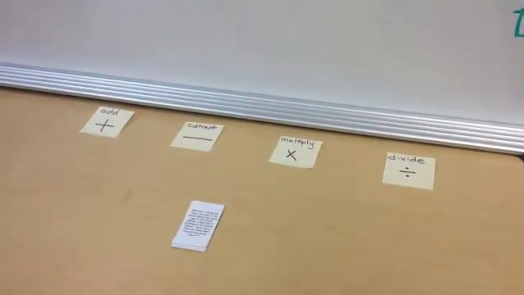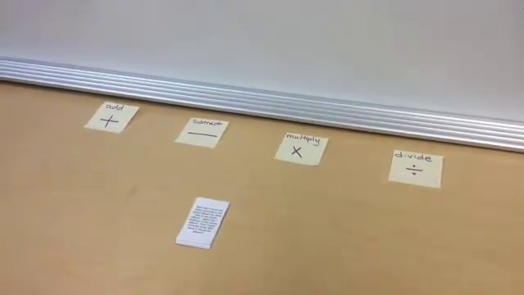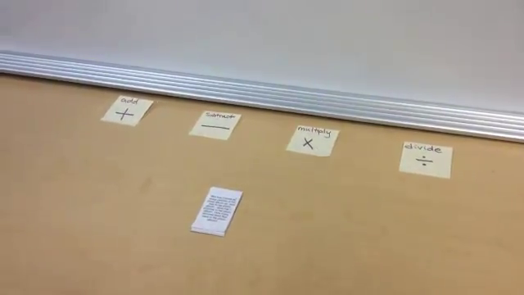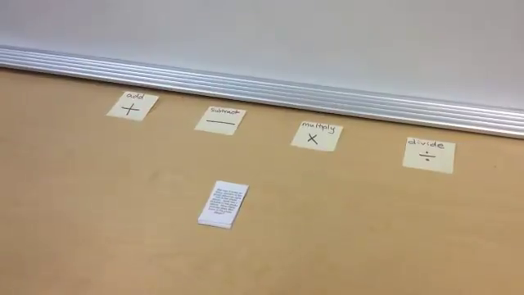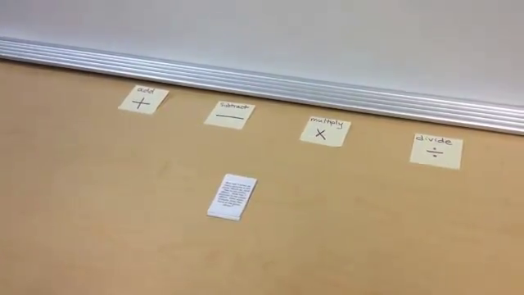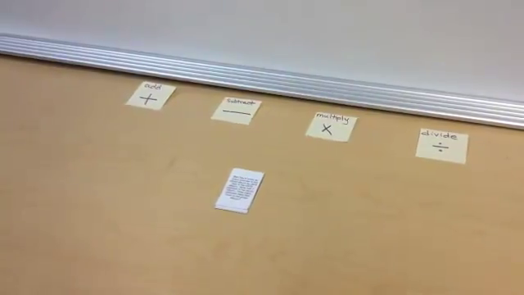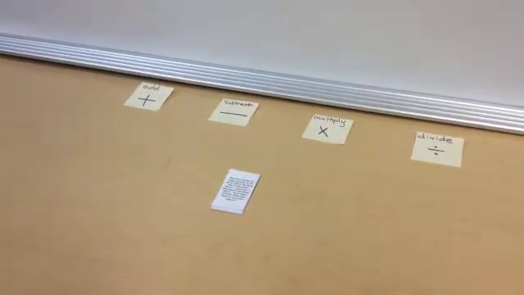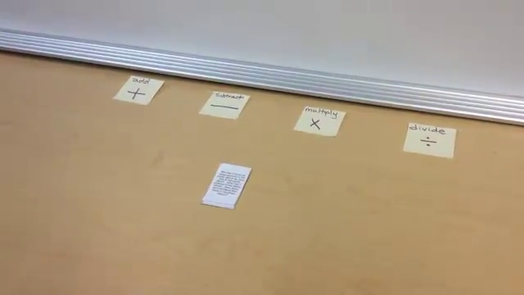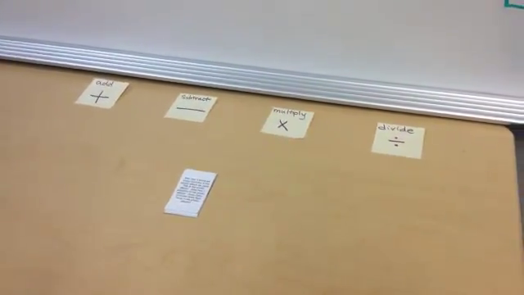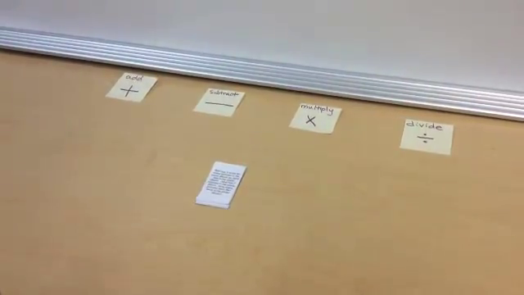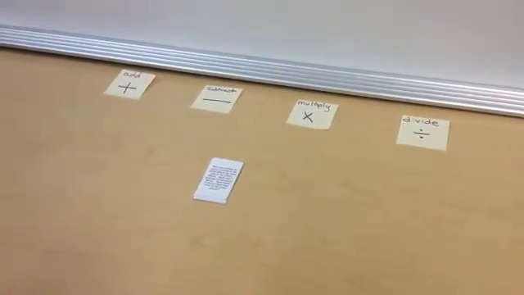Okay, this next activity we're going to talk about is the operation sort. You can feel free to use the problems we've put in grade, or you can go back and use problems of the past that you have created or maybe have in other resources on your campus. The purpose of this activity is to really get kids to discuss how they would go about solving the problems, as well as why they chose that operation.